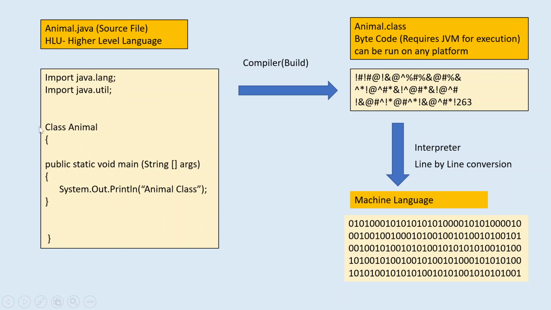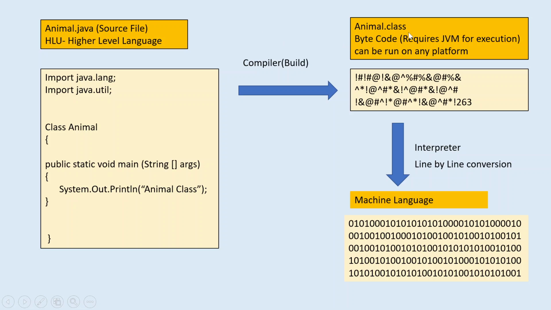Now what will the compiler do? When you build the project, the Java compiler will convert this file into a file which is not readable by human beings, and that file is known as bytecode. So now a new file is created from animal.java.